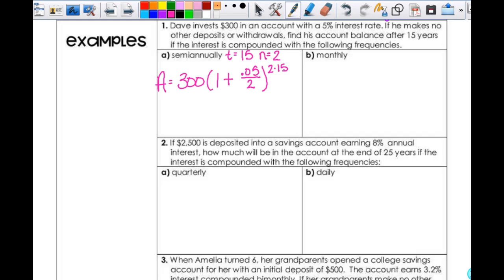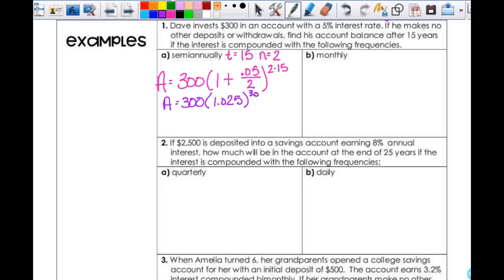But as far as what's in the parentheses, just make sure your parentheses are correct, and you can take care of that. It is possible to combine it. So what is 0.05 divided by 2? 0.025. So this would be 1.025 to the 30th power.